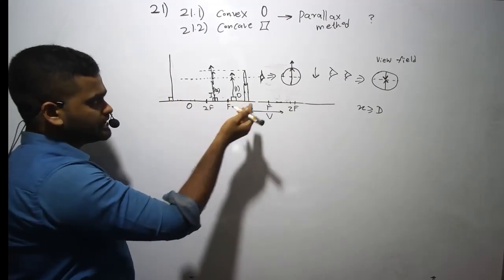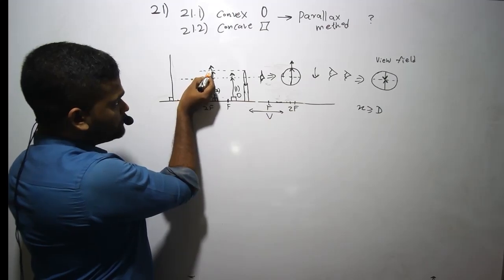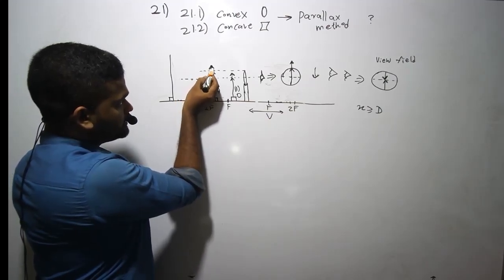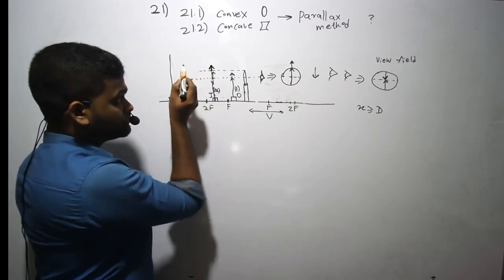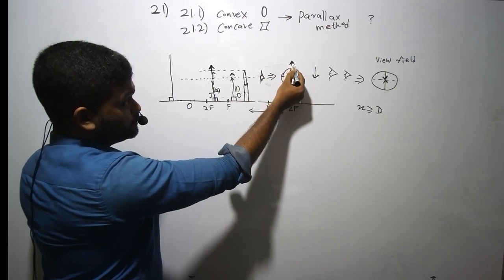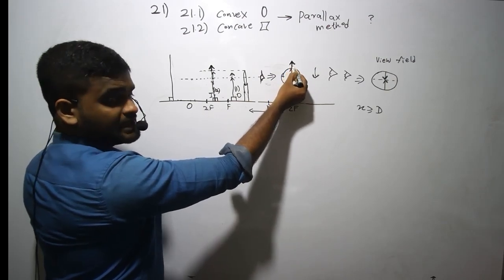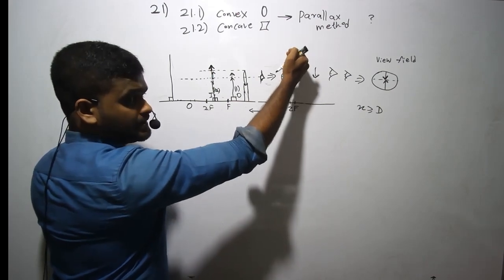Even though you don't see other objects through the lens, you will see the upper part of the observing pin 2. This is not through the lens, right? This is above the lens.